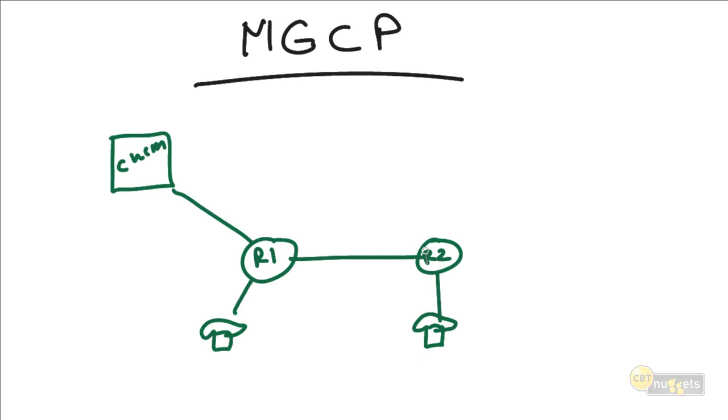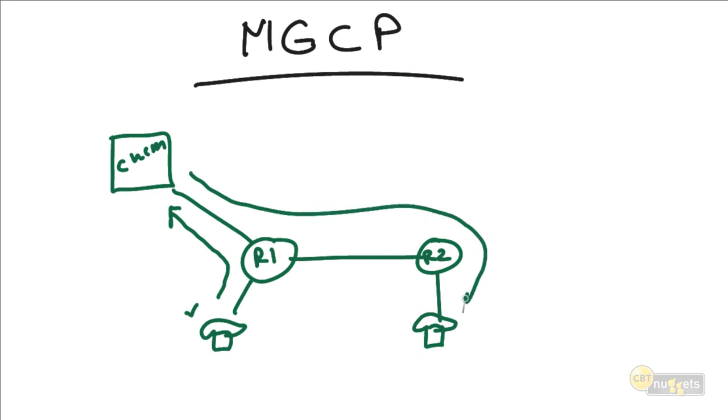What happens is this device goes to place a phone call, and MGCP is used to communicate that information to the CUCM. The MGCP protocol then goes ahead and establishes this phone ringing. And once the connection is created between these two phones, then MGCP can step out of the equation, and these two phones will communicate directly with each other using the real-time transport protocol.